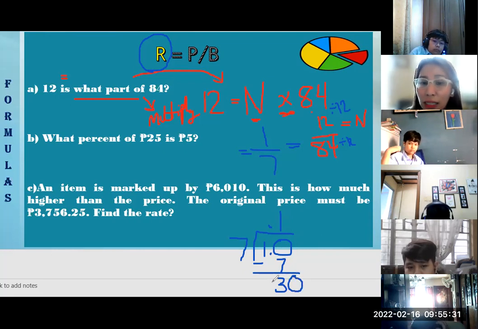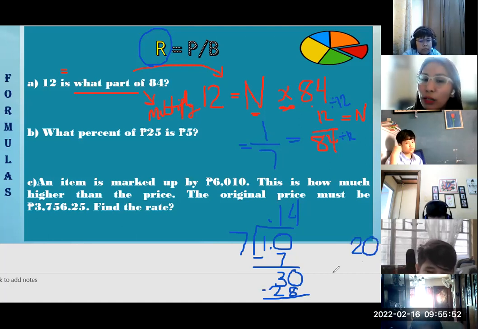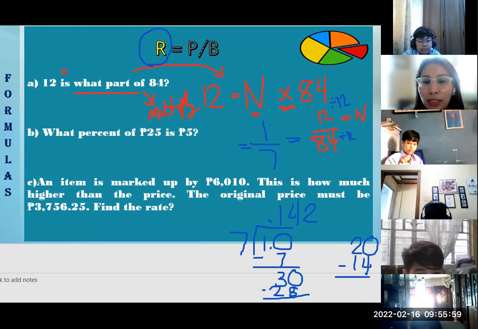Kasi we cannot divide 3 kasi smaller yan than 7. Okay. 30 divided by 7, we have 4. Correct. 7 times 4, it's 28. And then we have 2, the difference. Dagdag lang ulit tayo ng 0. 20 divided by 7, we have 2. Ayan. So, kukunin lang natin ito, 0.142.